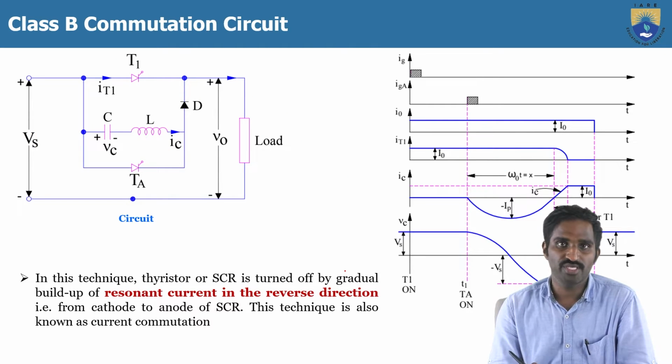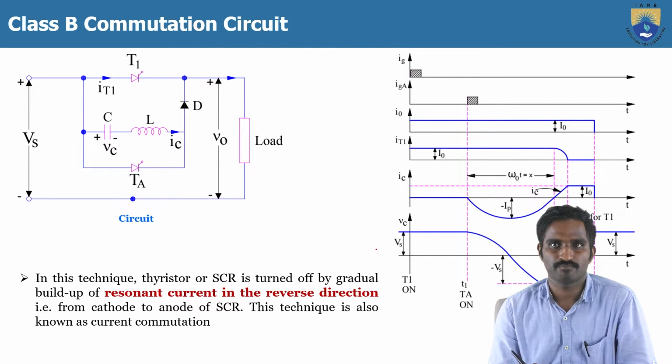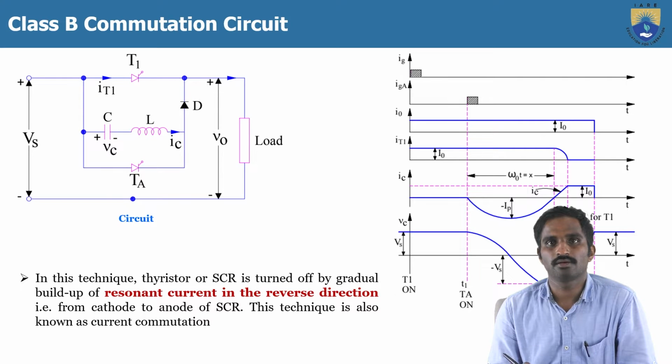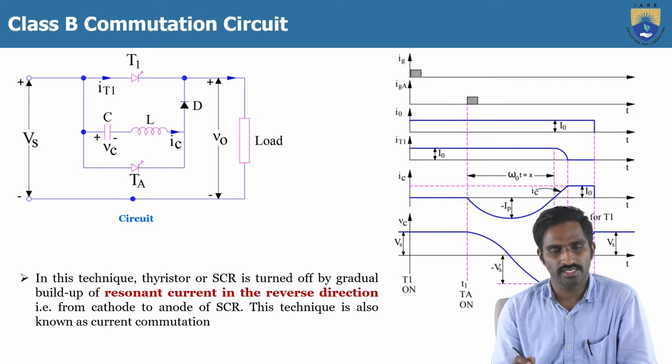Then the class B commutation. This commutation is also called resonant current commutation, or simply current commutation, because by using the current here we are going to turn off the thyristor. This is a simple circuit of the class B commutation.